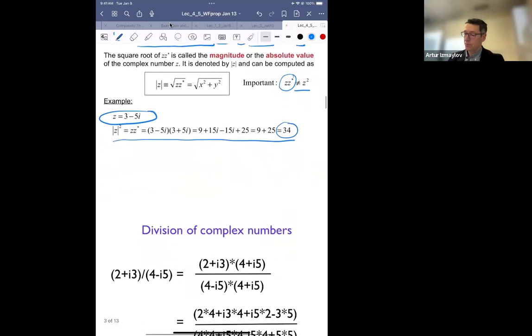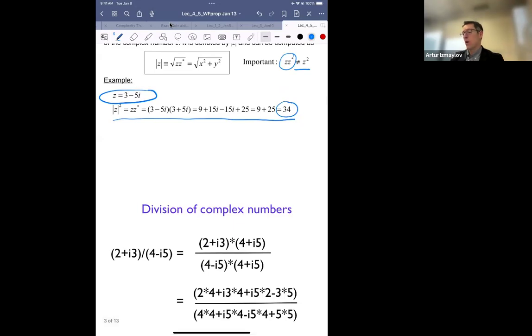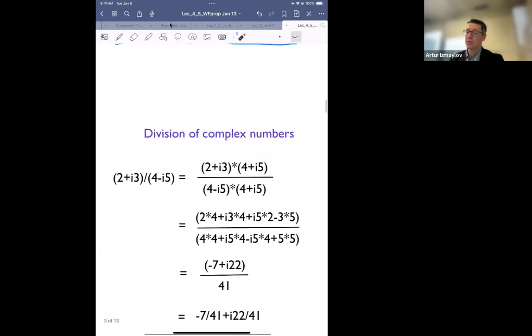Now, the part that is a little bit more complicated is division of complex numbers. We won't do much of it in this course, I think, but just in case, to remind you how we divide, let's say 2 plus 3i divided by 4 minus 5i. This is how we do it. We multiply the denominator by its complex conjugate.